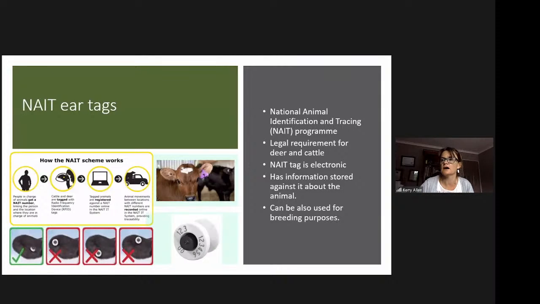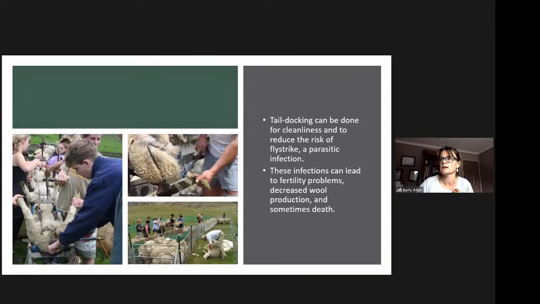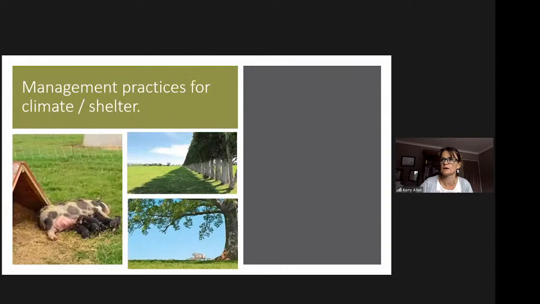So that is really important. So just showing you a few pictures of what those tags look like. Okay, docking and tailing. So similar to what I've just discussed before, most of this is to do with cleanliness and to reduce fly strike. So removing those tails so flies don't lay maggots there.